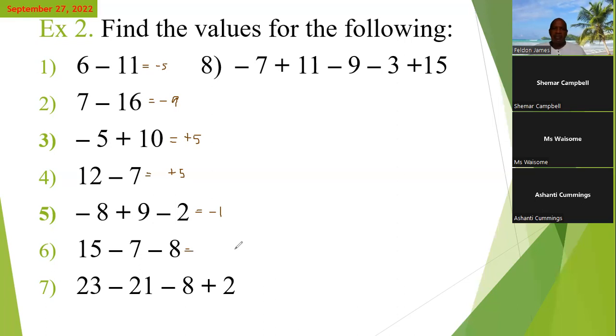What about question 6? Anybody? Question 6, what is the answer? -2, sir. Or 0. What did you get? The answer is 0.